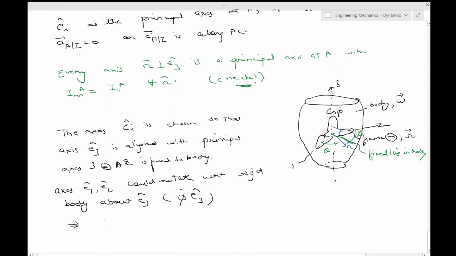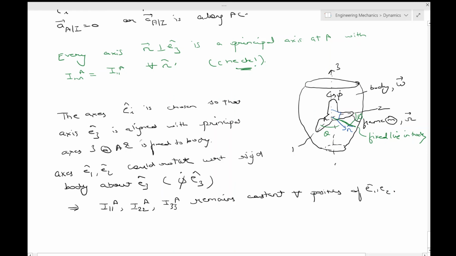This would automatically imply that I_11 of A, I_22 of A, I_33 of A remain constant for all positions of E1, E2. So I hope you can understand how these rotations are happening. E1 and E2 can rotate with the speed phi dot about E3.